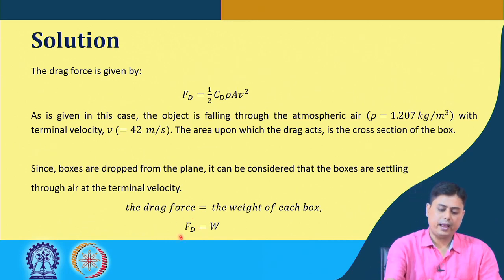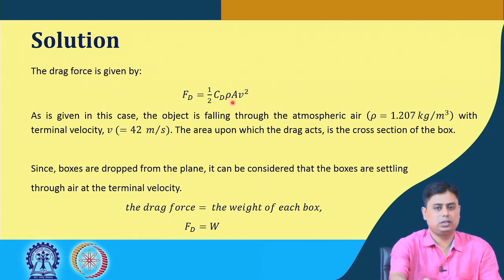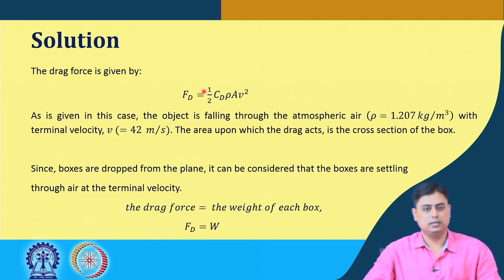The drag force has this expression, which is equal to some known values given in the problem already. Here rho is known, cross sectional area is known, V is known, we have to find out what is CD.